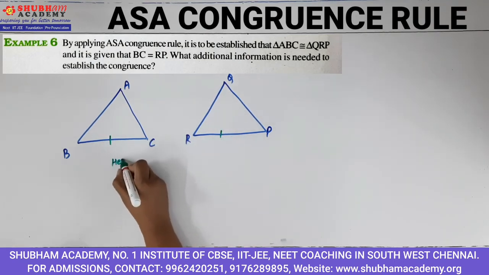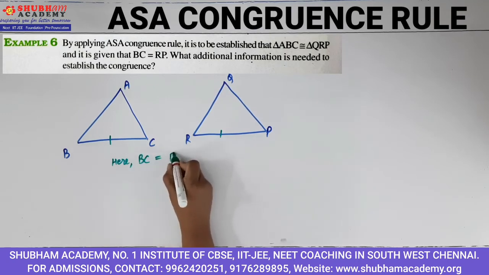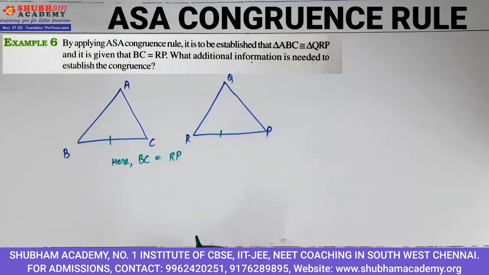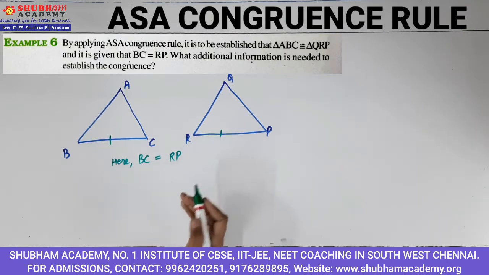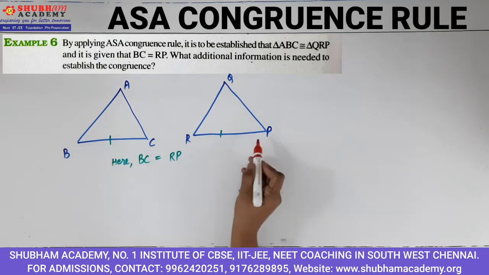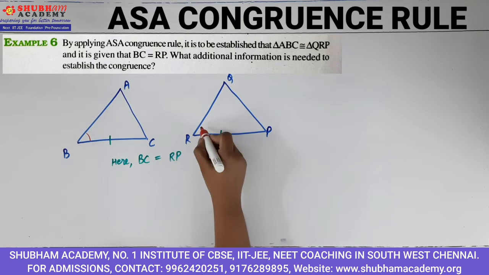Here BC is equal to RP, and they are asking us what additional information is needed to establish the ASA congruence rule between triangle ABC and QRP. So for ASA rule, we can see here that for this corresponding side, these are the two angles.